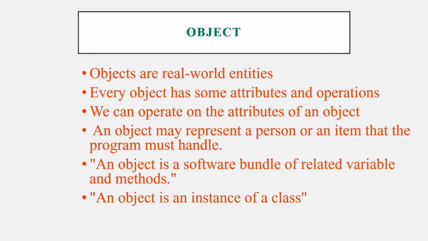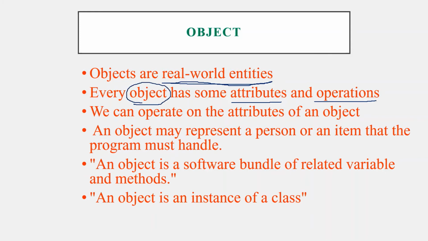Now, what's an object? We know that object is a real world entity. A real world entity means it must be an existing thing. So every object has some attributes and operations. This is a very, very important point. Every object has two parts or two things.